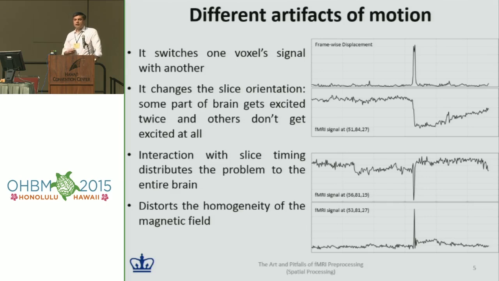You can't just put 6 motion parameters inside your design matrix and assume that everything is gone. Yes, the linear effect of the motion will be removed by doing that, but not the rest of it. And if you look at the frame-wise displacement, the linear effect is going to be this one. This voxel might be slightly corrected by putting the motion parameters inside your design matrix, but the rest of them will not. All right?